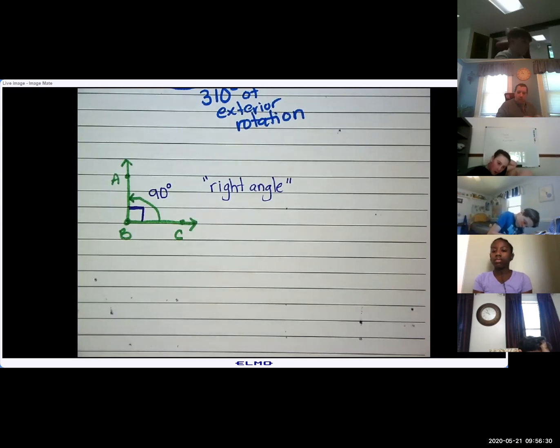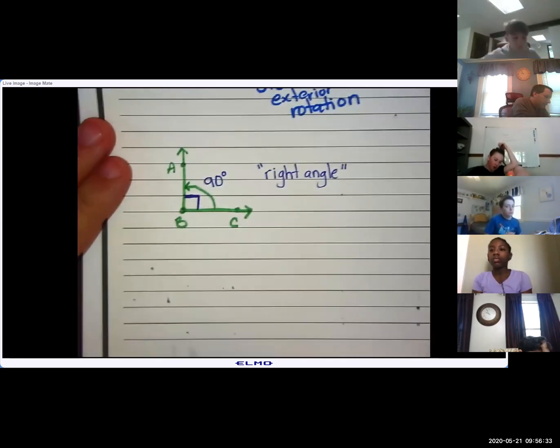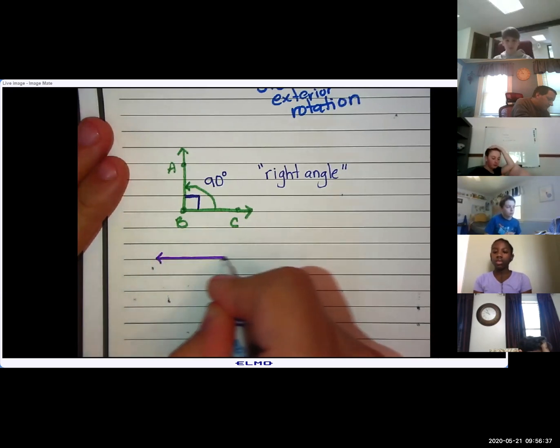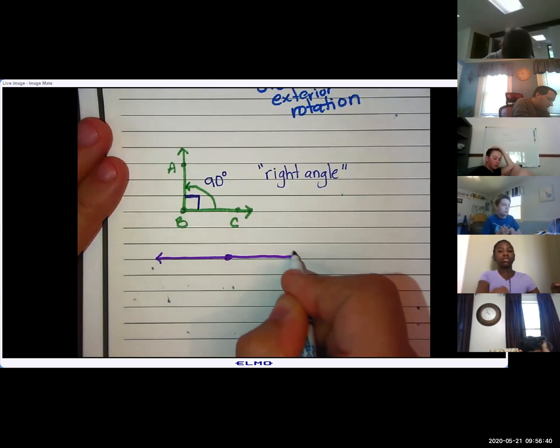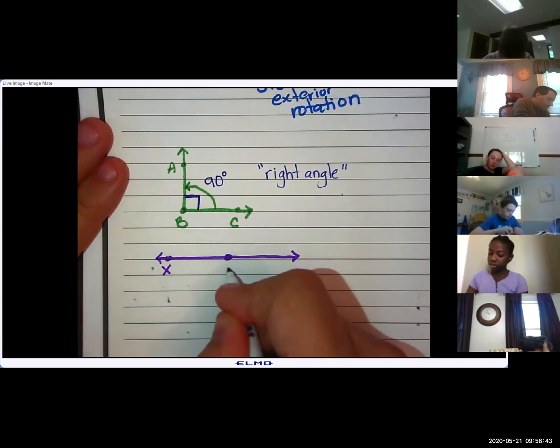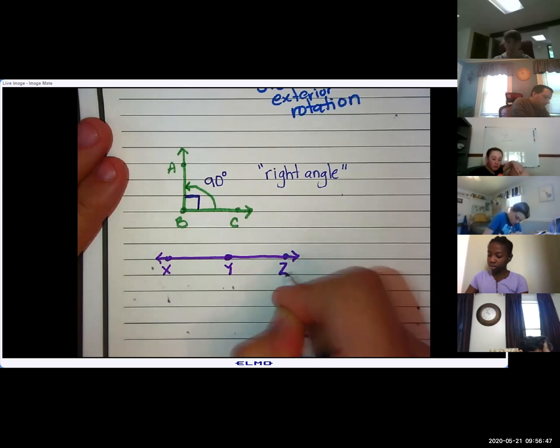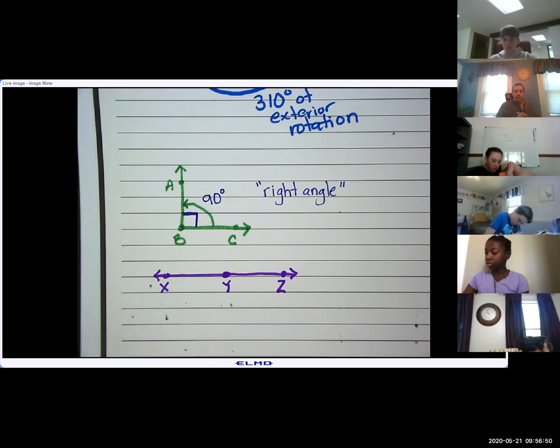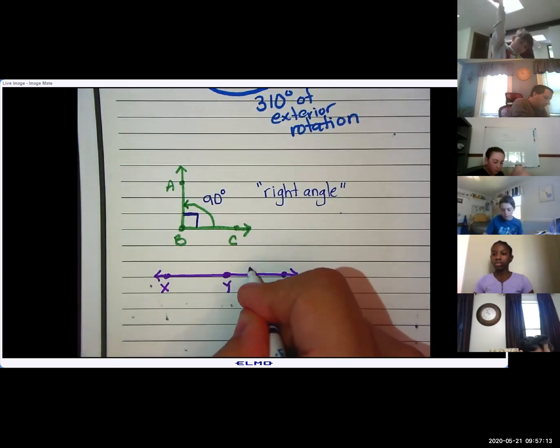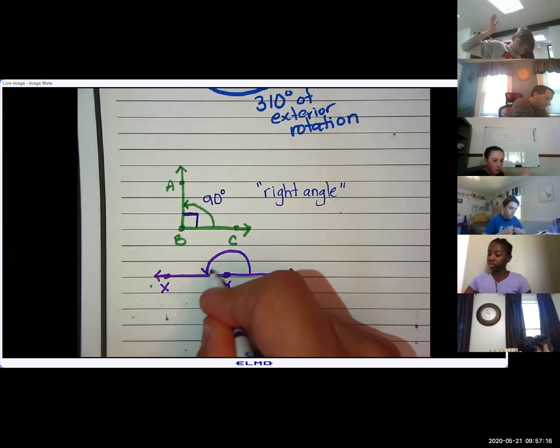What if I drew, what do we got? 4 minutes. I'll name this X, Y, Z. I want to know the degrees of rotation from here to there.